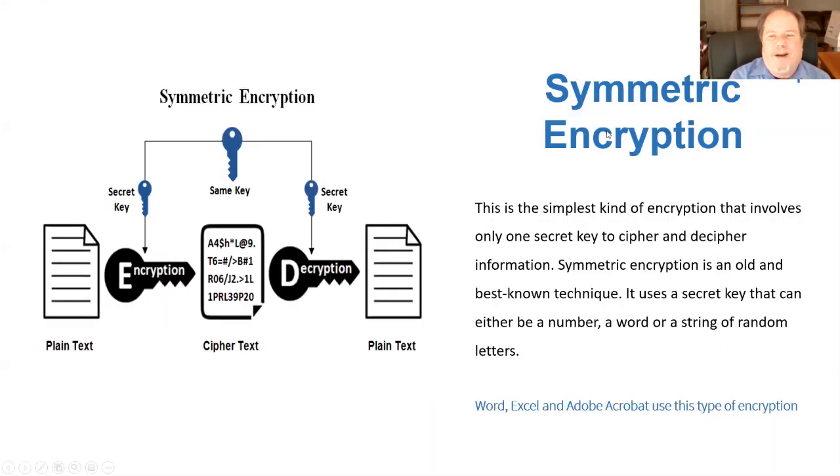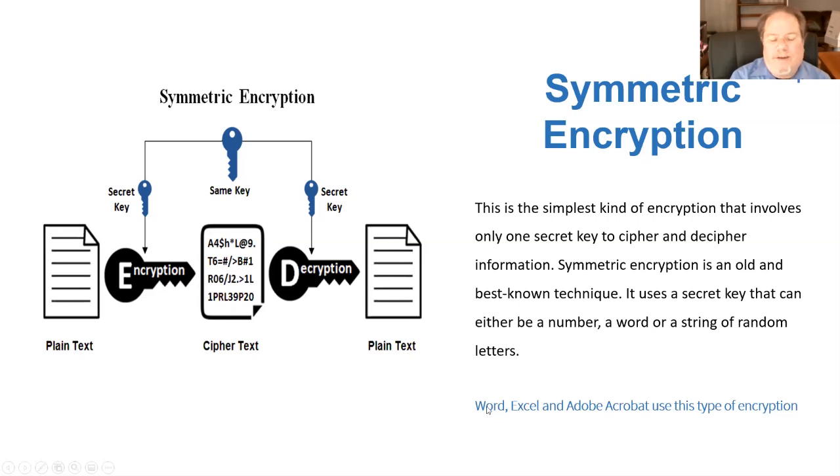So the two fundamental types of encryption: there's symmetrical encryption. Symmetrical encryption is the simplest kind of encryption. It involves one secret key. Symmetric encryption is an old and best known technique. It uses a secret key that can either be a number, a word, or a string of random letters.